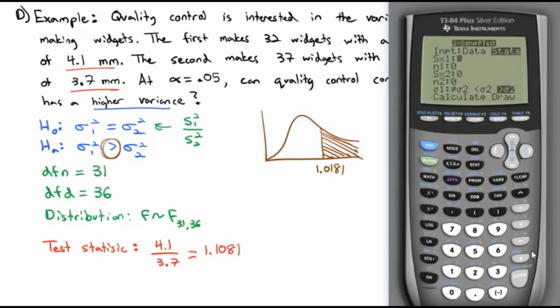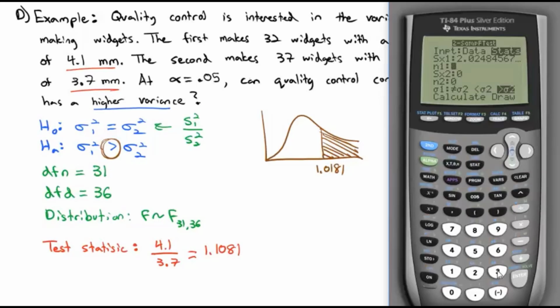The calculator's asking for the standard deviation, which is the square root of the variance. Fortunately, I can just type in the square root with the second function, and the square root key is above the square, diagonal from the 7. And my first variance was 4.1. So if the variance is 4.1, the standard deviation is the square root of 4.1. And when I hit enter, it's going to calculate that value for me.